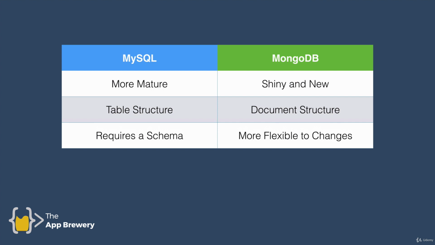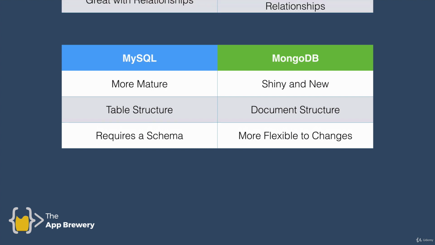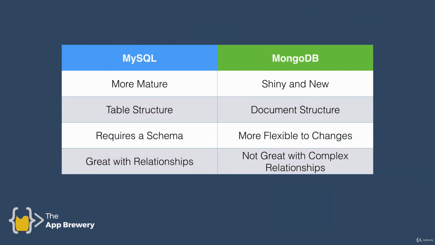Whereas with something like MongoDB and other NoSQL databases, they're more flexible to changes. So if you're a young startup and you haven't really figured out how you're going to organize your data or what kinds of data you're going to store, then it might be a better idea to choose this particular type of database. But as we saw earlier on, if you need to store data with a lot of relationships between the data, then a SQL database will work out to be much faster when you query through your database.